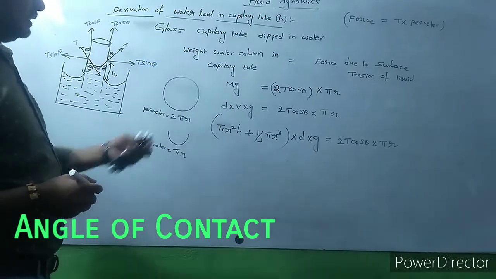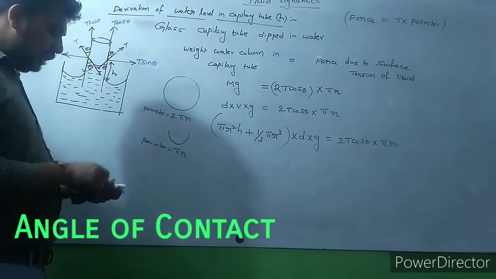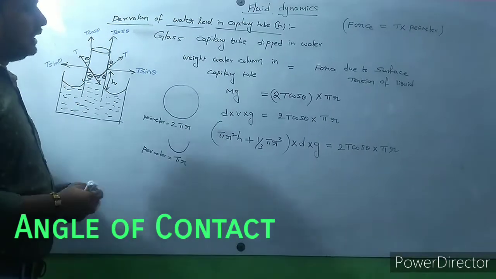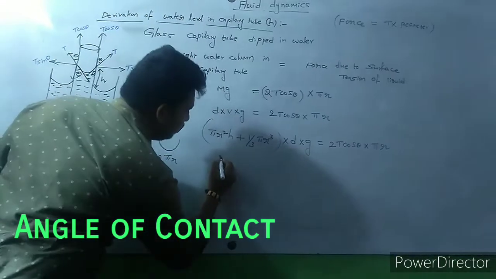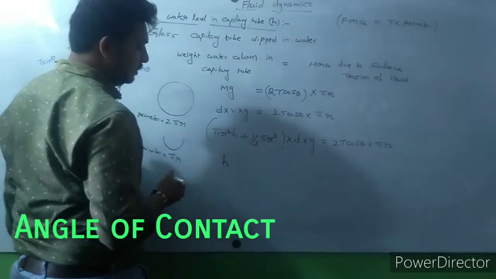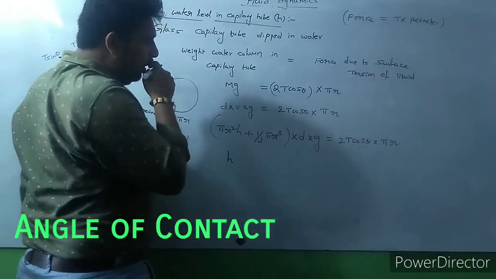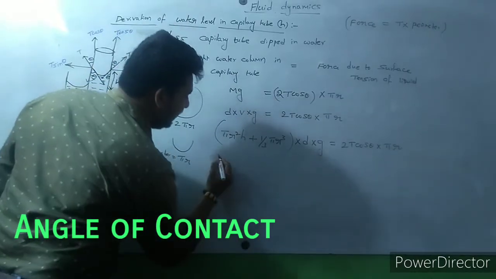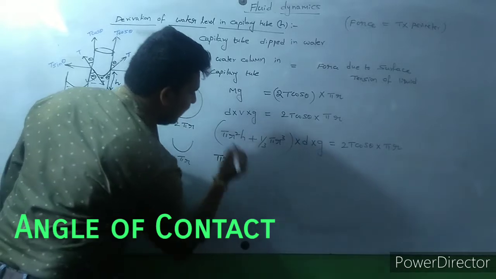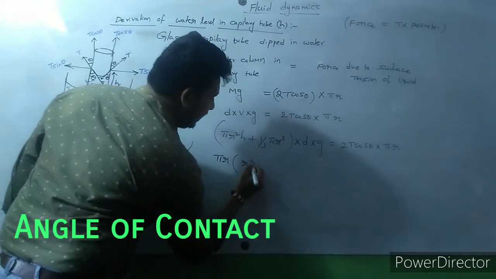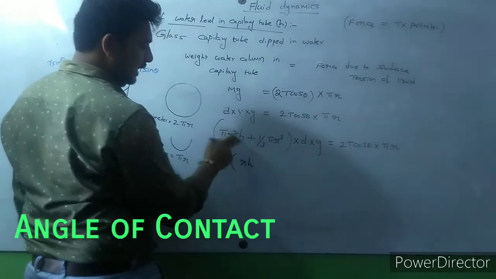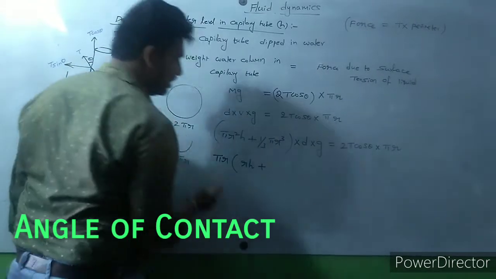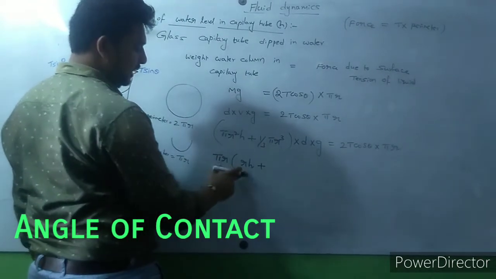Okay, from this, what value do we want? Here we want the h value. Here pi r is there, and pi r is there. Just take pi r as common. Then what do we get? hr is left, because pi r square h.